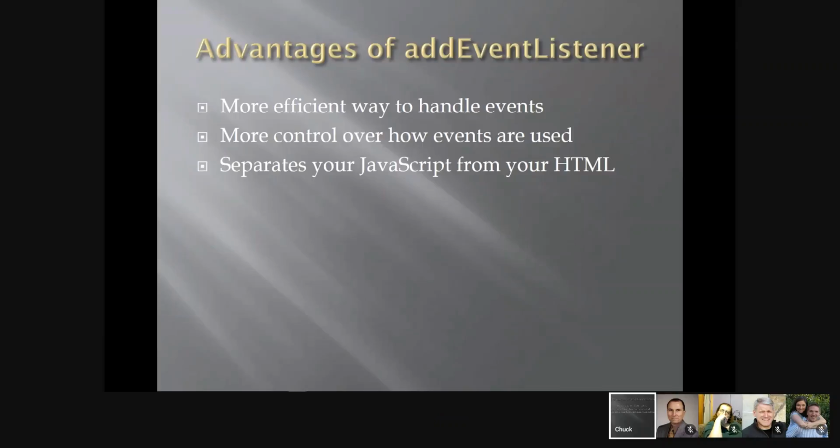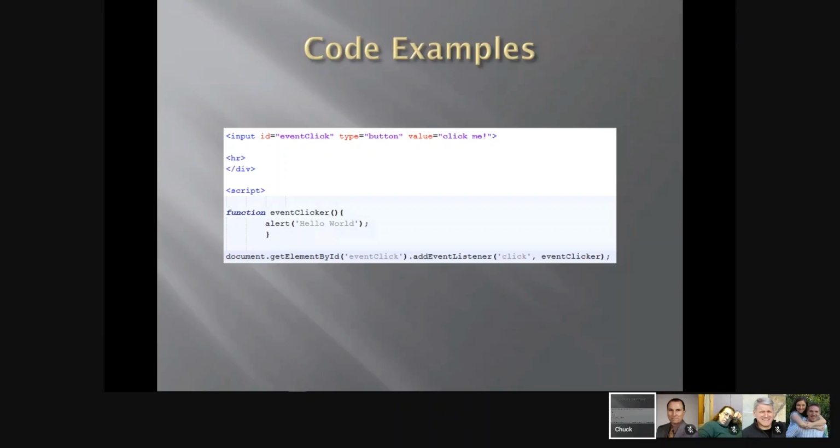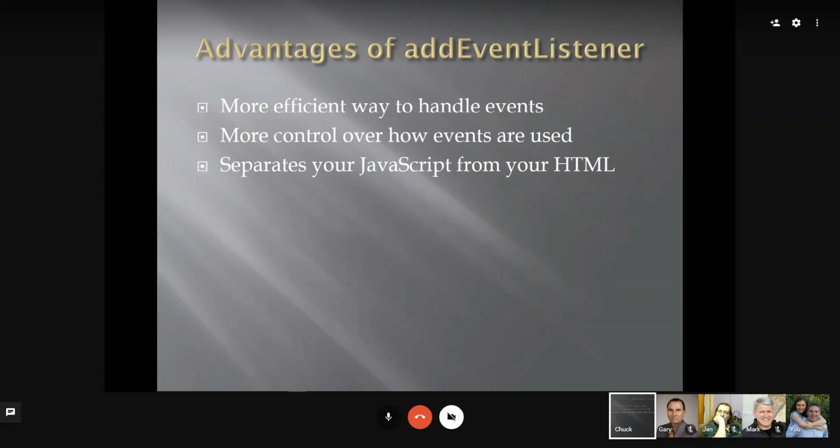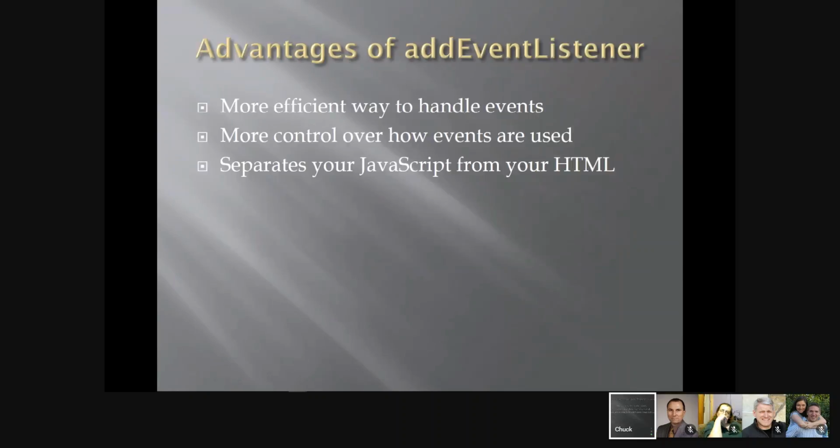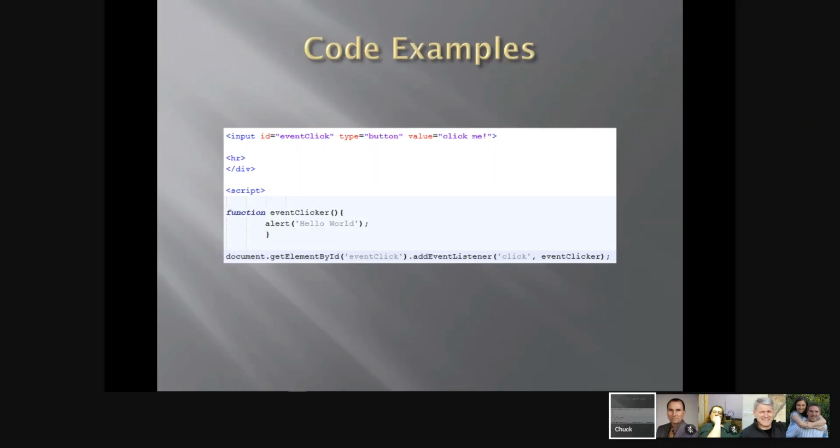I do document.getElementById, event click, dot addEventListener. So all of this would be the same, minus the eventClicker. It would be a different function. And if you clicked, it would do the eventClicker plus function 2, let's say that's what you called it. So you would have to set up a separate function.